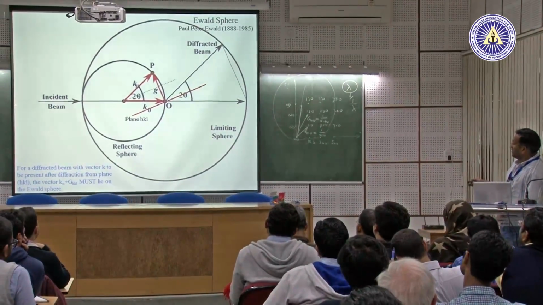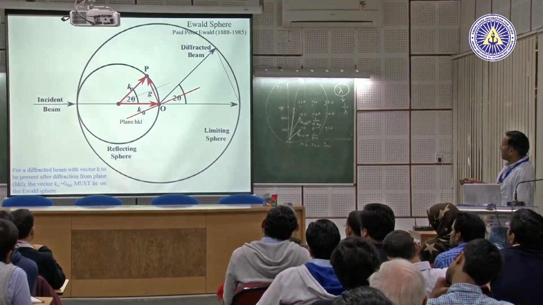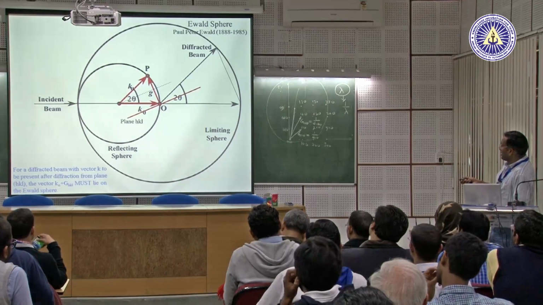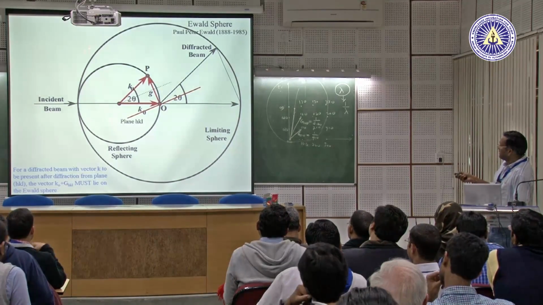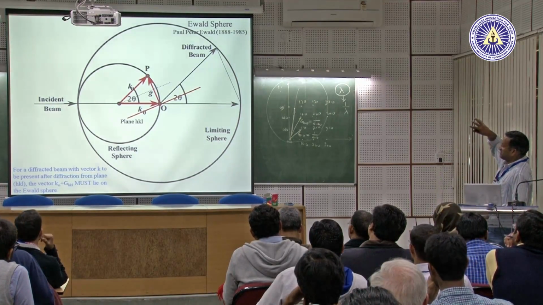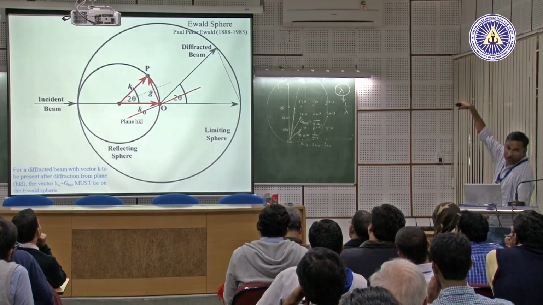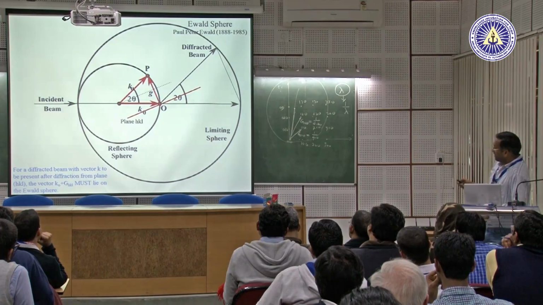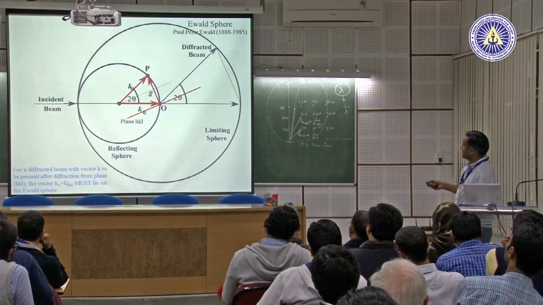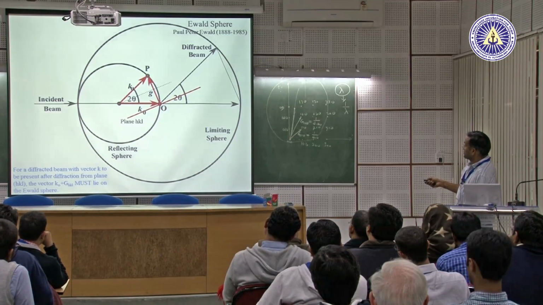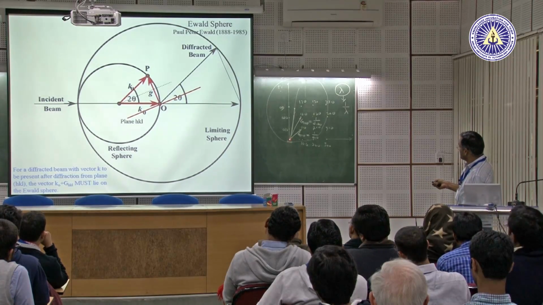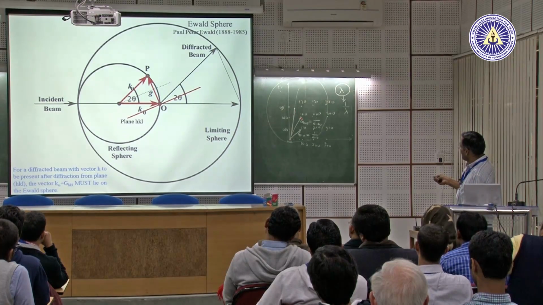So what you are doing is, this is the incident beam direction, and depending upon the wavelength of the incident beam, you draw a sphere whose radius is 1 over lambda, and make this sphere intersect the lattice depending upon the orientation of the beam. The diffraction condition is that from the origin, if this is the origin of the lattice, this is the point I want to make diffract.